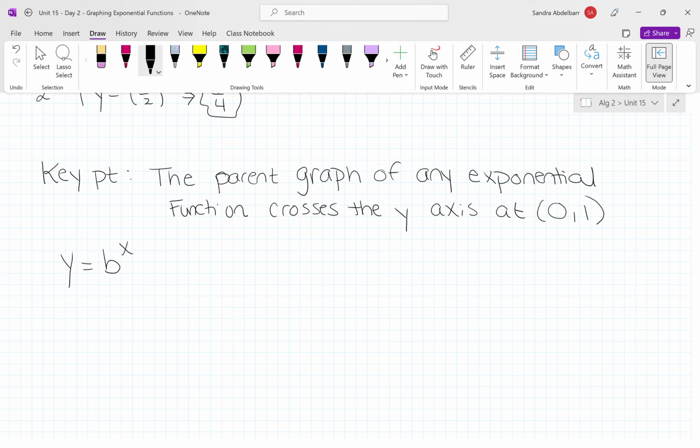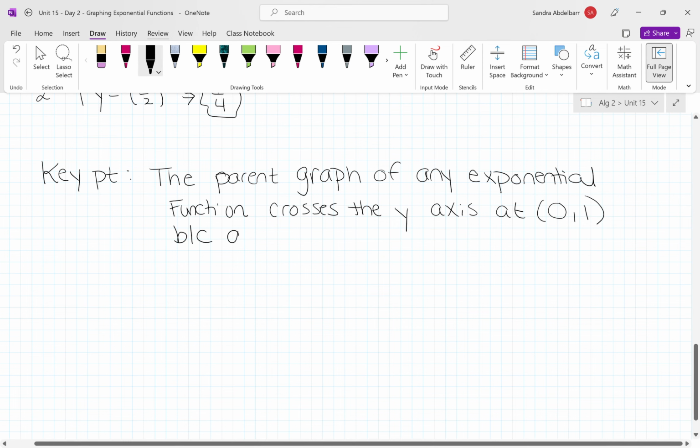So if I raise any base b and put in a 0 for x, any number that I put in for b raised to the 0 power will always give us 1. That's why for a parent function, something that looks like y equals some number raised to a power, will always have that key point at (0, 1). I'll write that out for you.